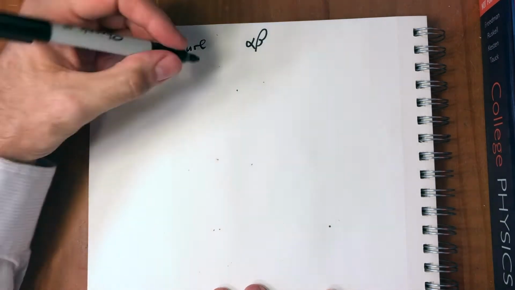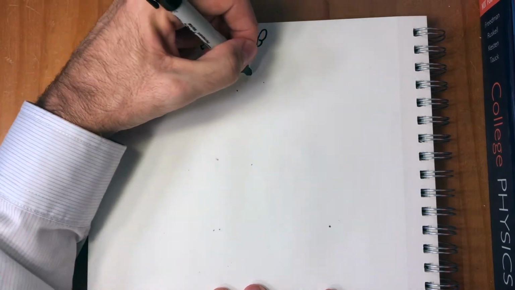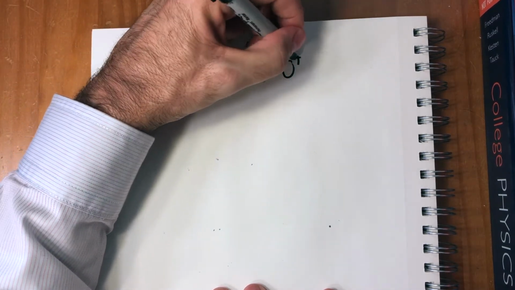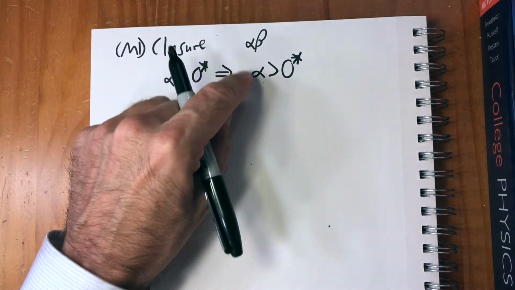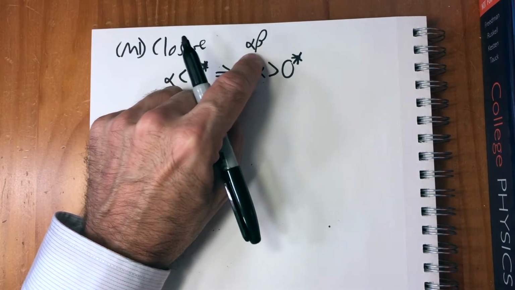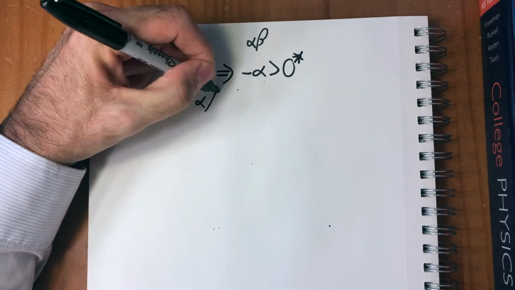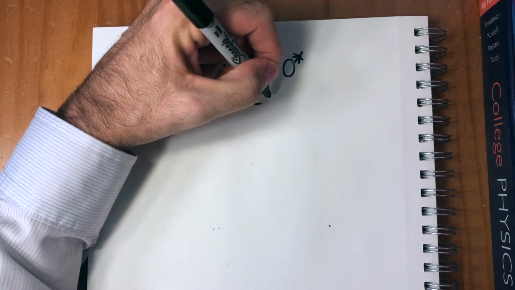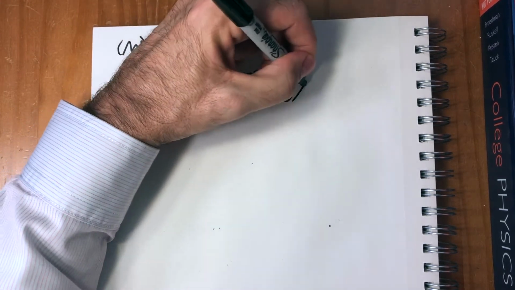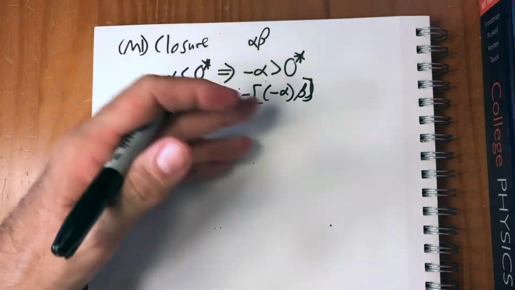And so if alpha is less than 0, then we know that minus alpha is greater than 0. That's 118a. And that means that minus alpha times beta is already defined because these are both positive. And that's the definition. Alpha beta, if alpha is less than 0, equals minus alpha times beta, which we know is defined. So we know that it's closed.